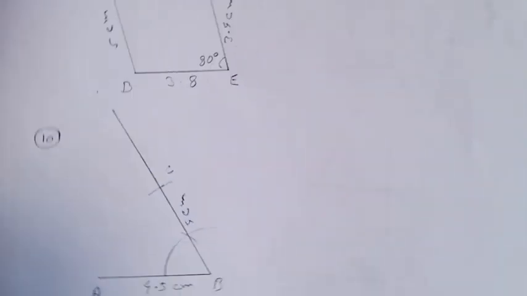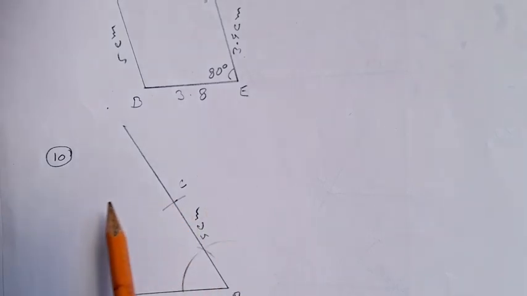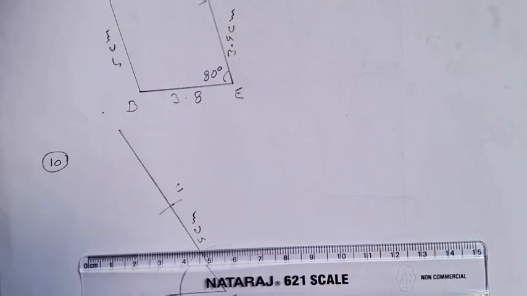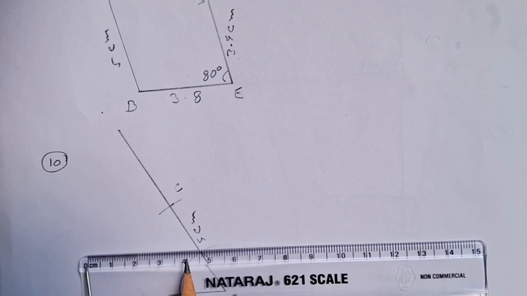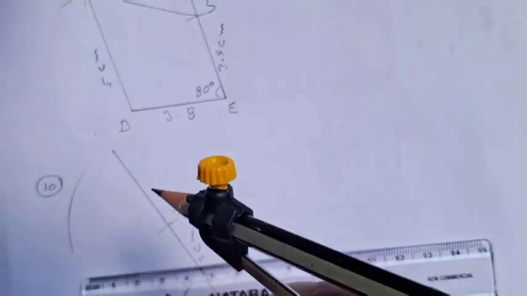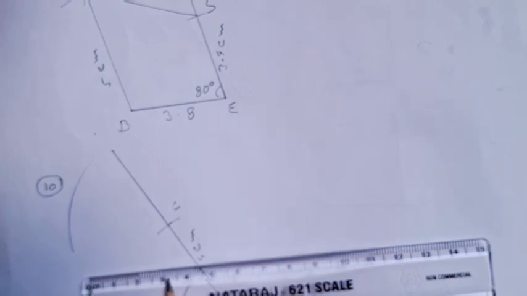Now I have to draw the point D. Point D is 3.9 centimeter away from C. So taking 3.9 centimeter in my compass, I draw an arc, and point D is 3.2 centimeter away from A. 3.2.